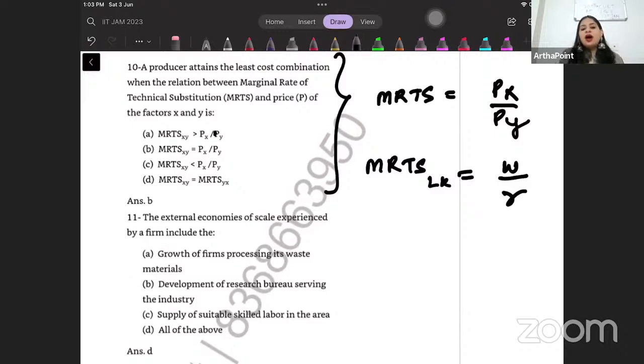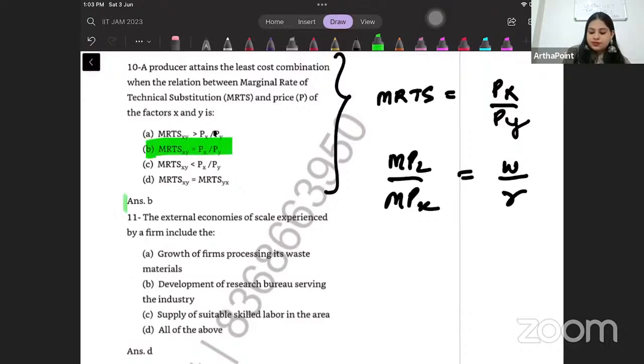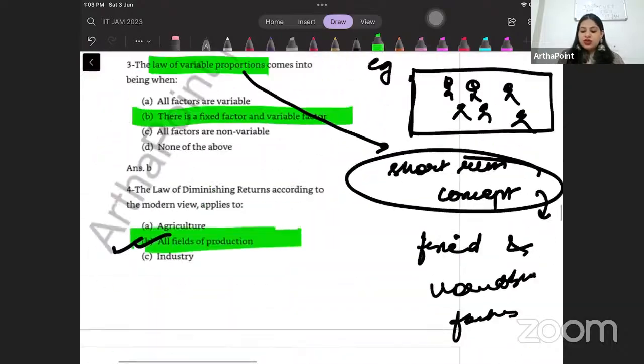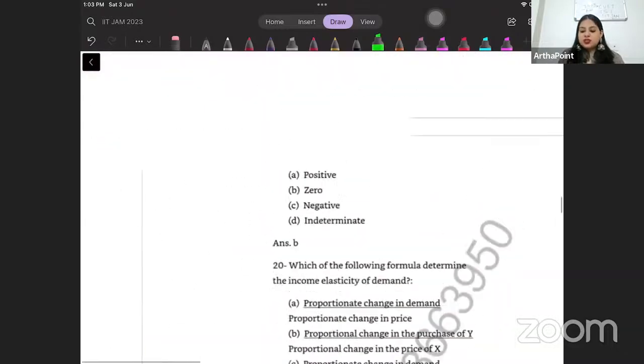So whenever the MRTS is equal to the ratio of the input prices, that is when we have, and I can actually write it as MPL by MPK, that is when we have the equilibrium attained, right? So answer to this question will be B, right? So beta, this is about the next topic, which is cost and production.